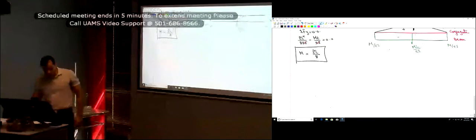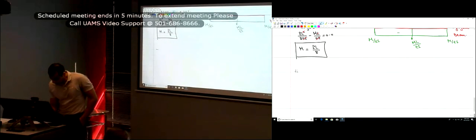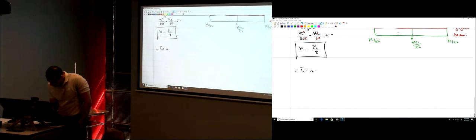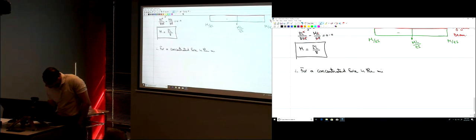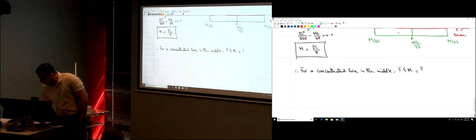So, that means here, therefore, for a concentrated force in the middle, the fixed end moments are equal to PL over 8. They are equal to each other.